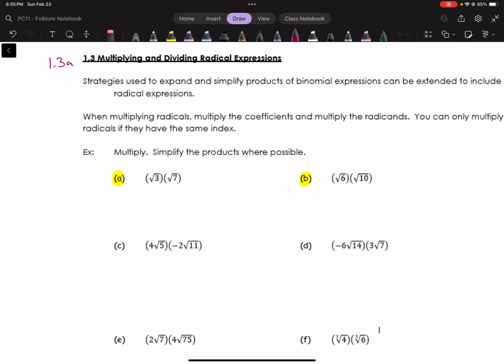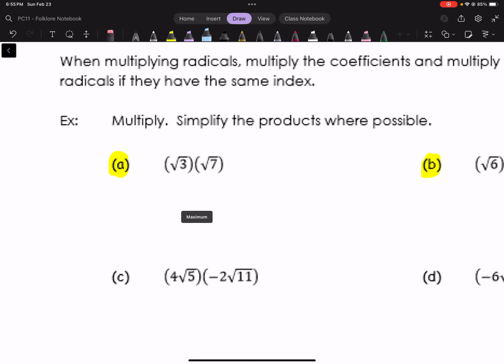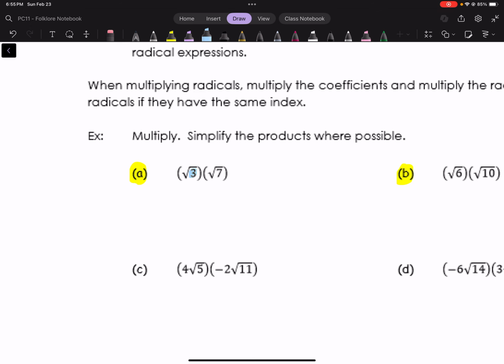So let's get started. I'm just going to take our first example, A. And I know my radicand is 3, and the other one is 7. The index is the same. In each case, we have a coefficient of 1, so it really doesn't come into play. But I can use the product law by writing this as the root of 3 times 7, or this is the root of 21.